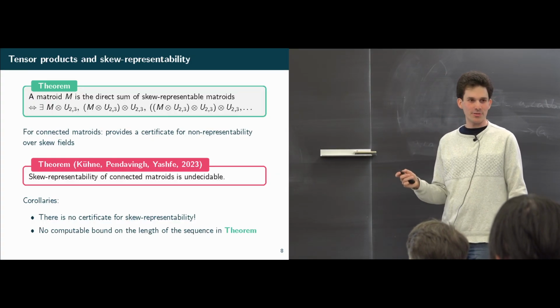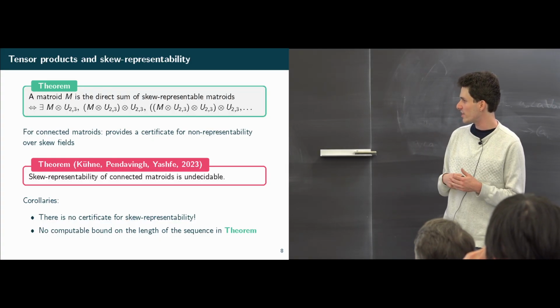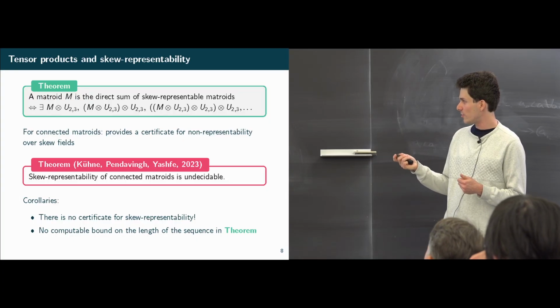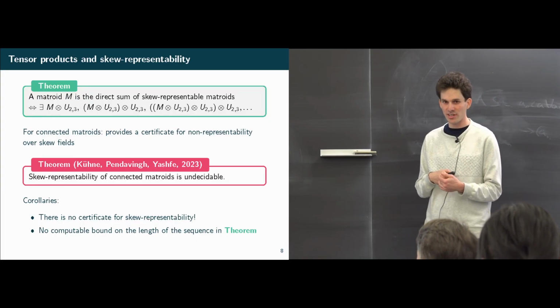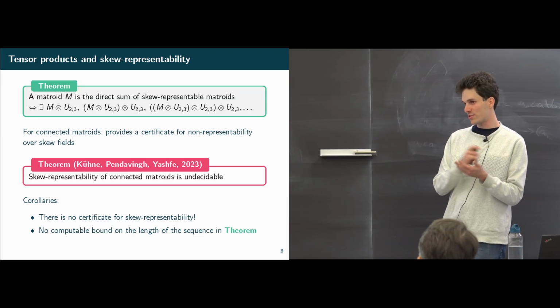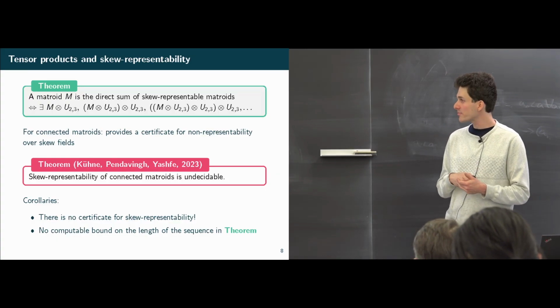And another interesting consequence of this result, which we're also surprised by, is that if you would have any bound in this theorem on the length of the sequence that we need to consider, then the problem would be decidable, the representability, because then we would just need to check until that bound the existence of these tensor products.